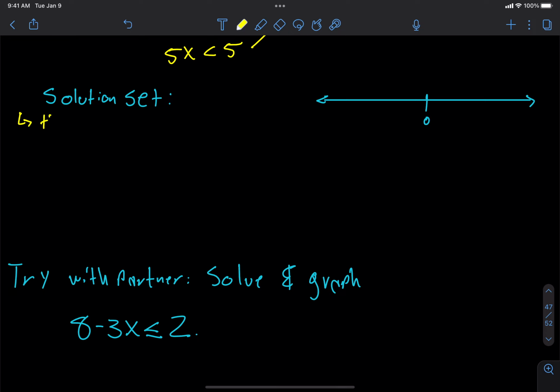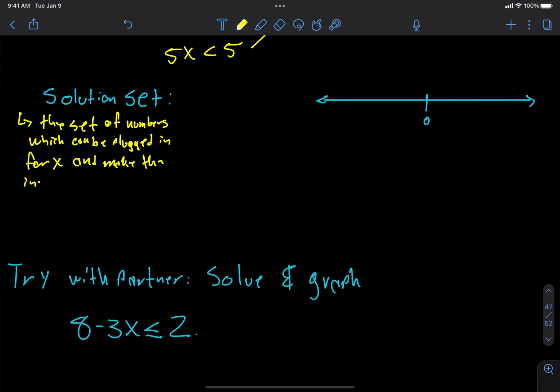It's going to be the set. Remember, a set is a collection of numbers which can be plugged in for x and make the inequality true.